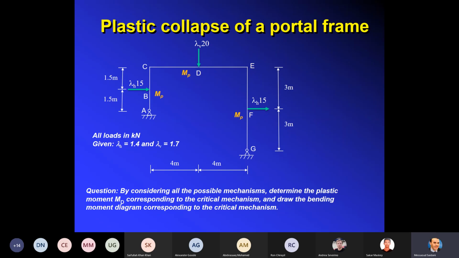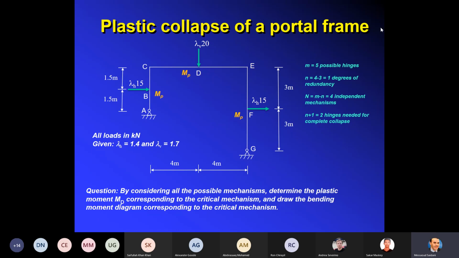For this particular problem, we assume that MP is the same for the columns and the beam. In other words, the beam and the columns have the same cross-section. In practice they probably would not be the same, but for the sake of simplicity, we assume that MP is the same throughout.